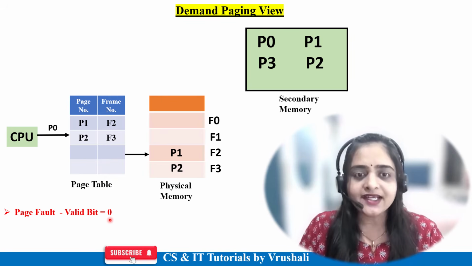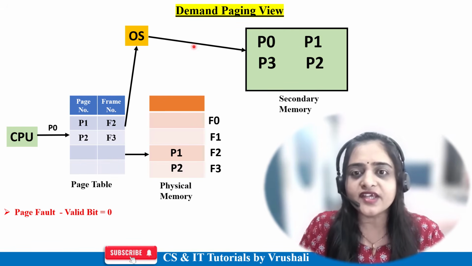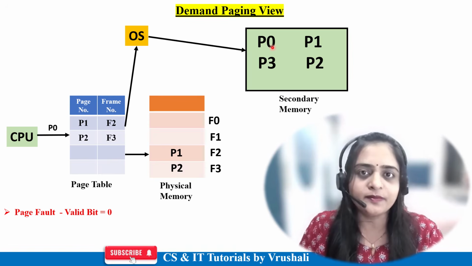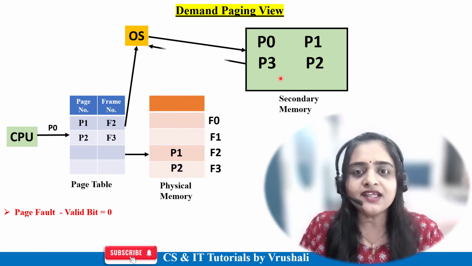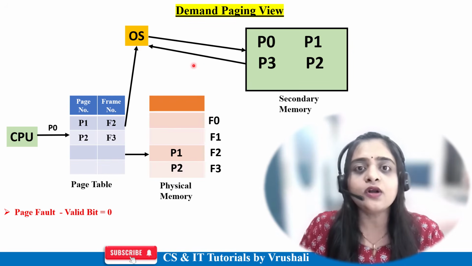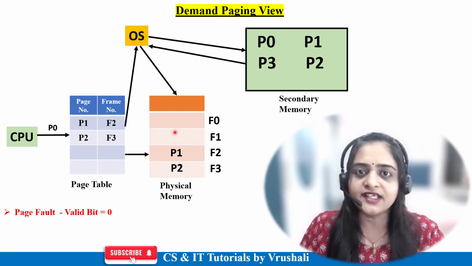Now, in this particular situation, the operating system takes control of your system. The operating system requests the secondary memory, saying that the CPU is demanding the P0 page. So the secondary memory sends the P0 page to the operating system. This is called swap out, fetching a page from secondary memory to main memory for execution.